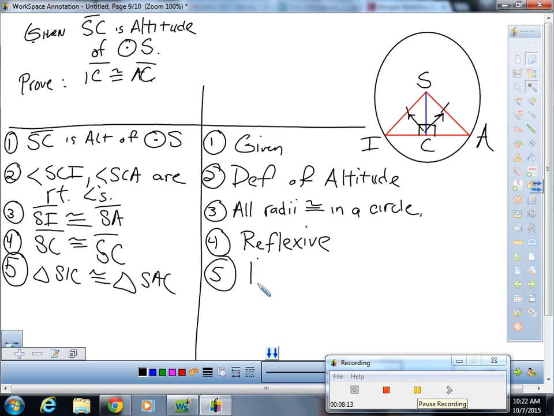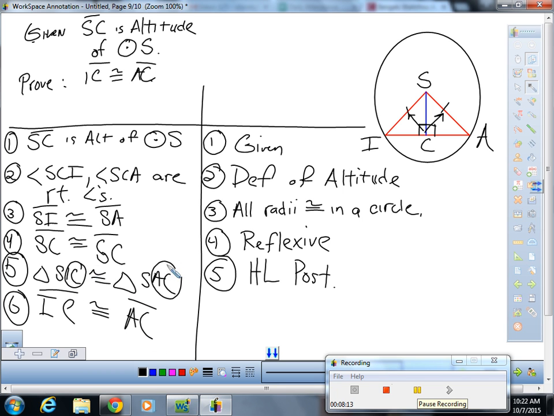And that's by the HL postulate. So, IC is congruent to AC, notice, by CPCTC. CPCTC. Can I get a boom for us, Bill?